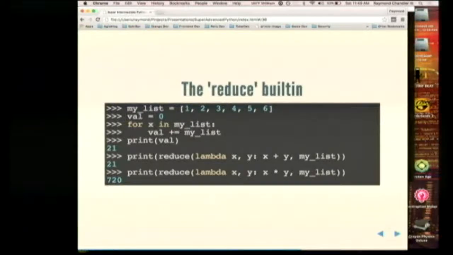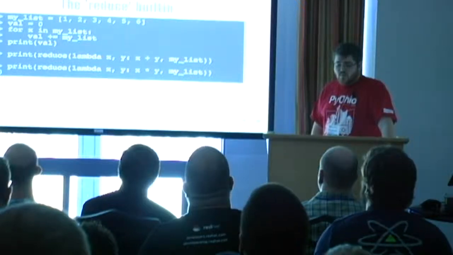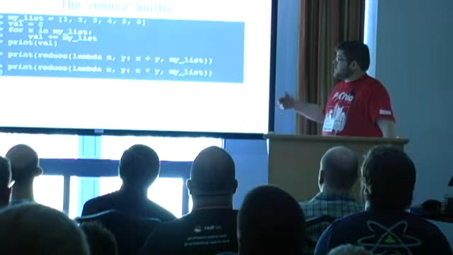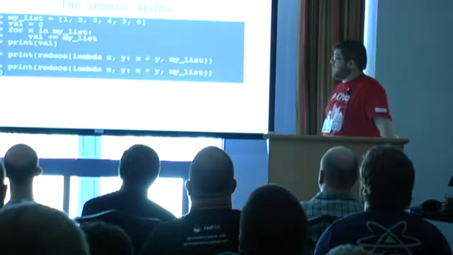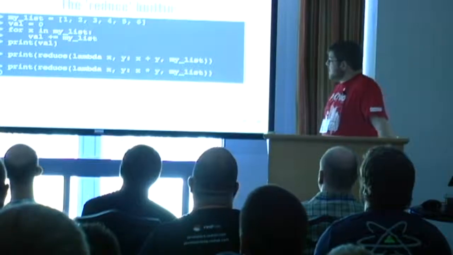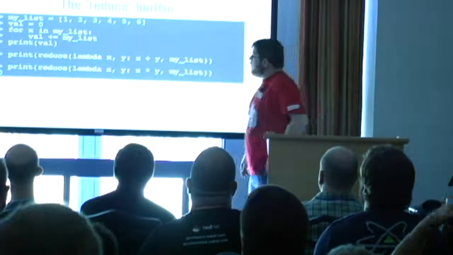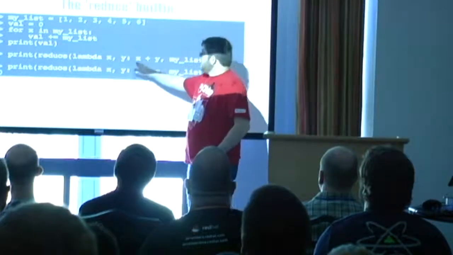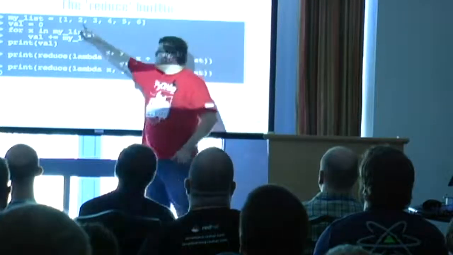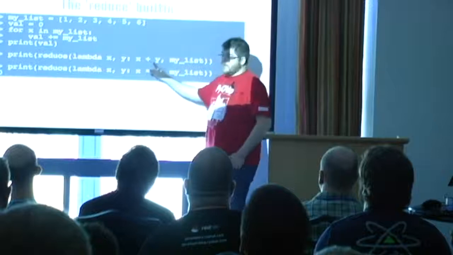So in this case, what we're going to do at the top is we have a value, and we're just incrementing that value based on whatever value is in the list, right? We could do the same thing here at the bottom, but we're first going to take the first value, and then the second value. We're going to apply the function to those.